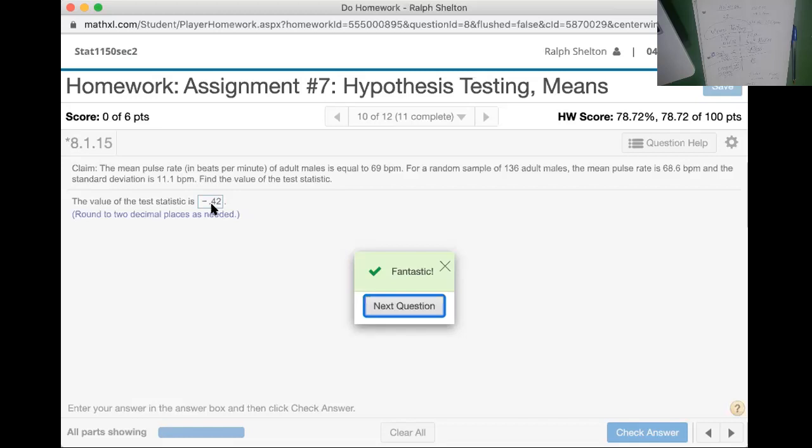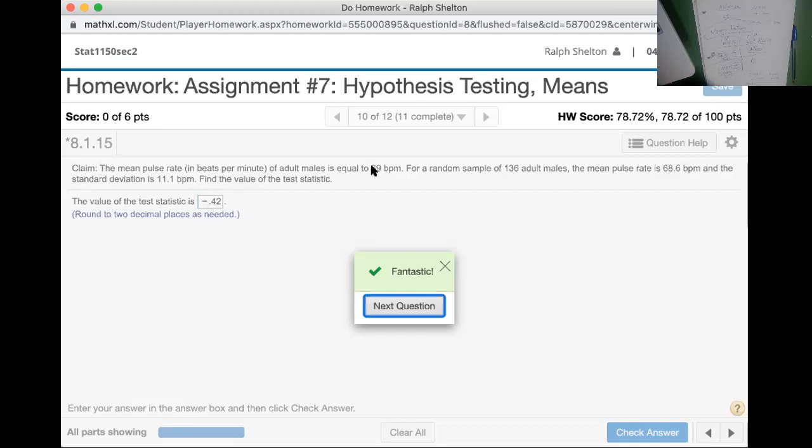Remember that empirical rule? 68% were within plus or minus 1 standard deviation. 95% are within plus or minus 2 standard deviations. So your test statistic, when it's a bigger number, is when it's going to exceed your t-star or your z-star value, right? It's when you get a big number. So my whole point here is this is a small number. We're not going to be rejecting anything based on this sample.